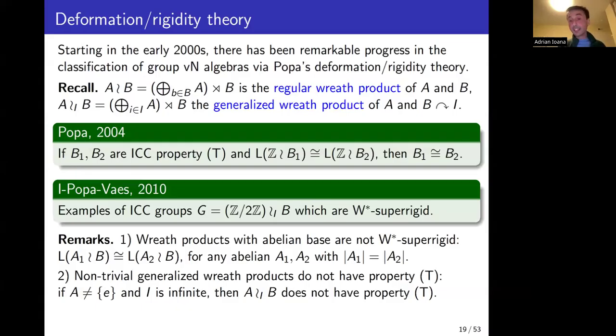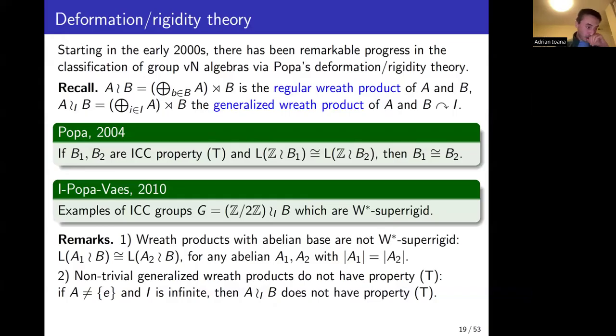If you take any two abelian groups A1 and A2 which have the same cardinality, for instance, you can take A1 and A2 to be both infinite, say A1 to be Z and A2 to be Z squared. Then the wreath products of A1 with B and A2 with B have isomorphic von Neumann algebras. So in particular, these are non-isomorphic groups that have isomorphic von Neumann algebras, so neither of them can be W* superrigid. So that's why we need to pass to wreath-like products.